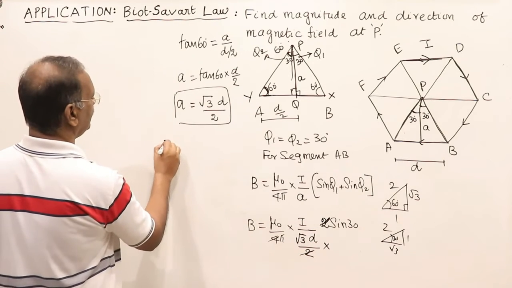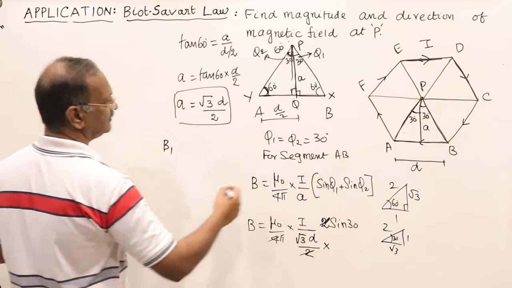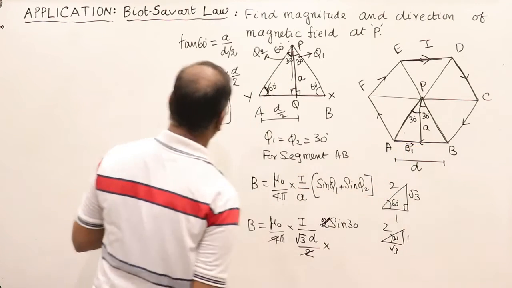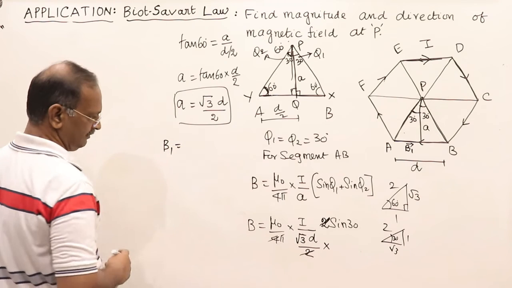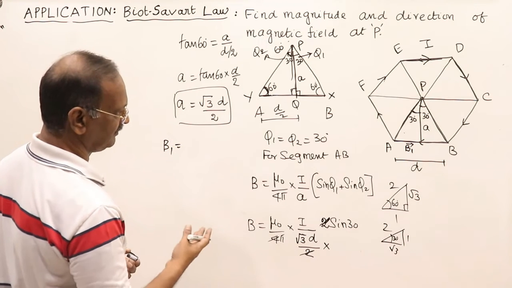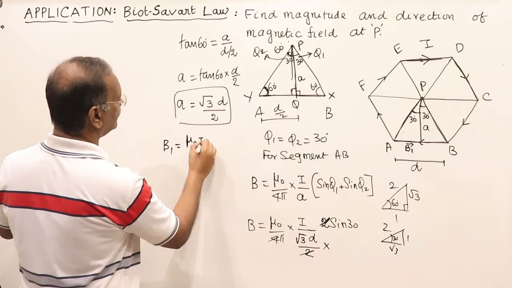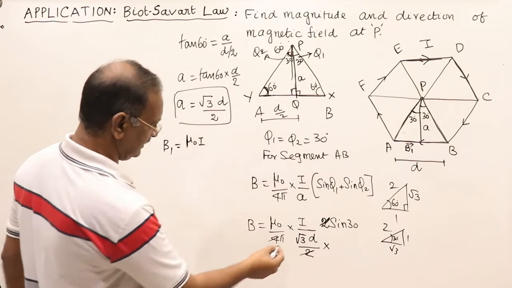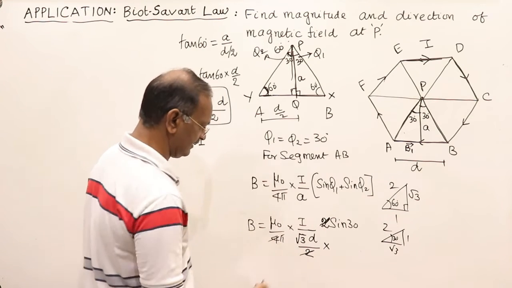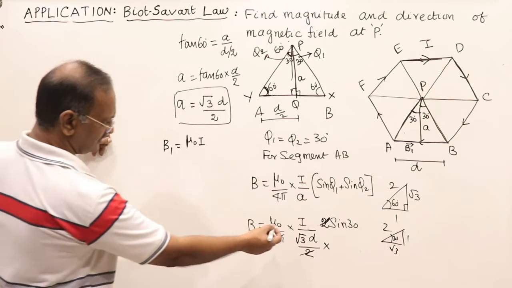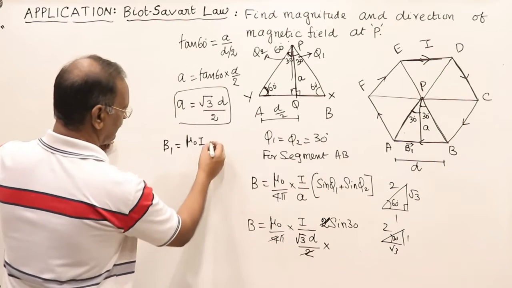So for this we say B1. B1 is equal to mu naught I. This and this 2 get cancelled. Sin 30 is equal to half. So B1 is equal to this sin of 30, which is equal to half, 1 by 2.